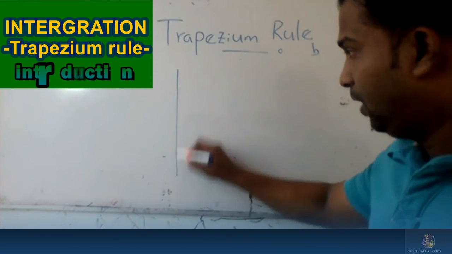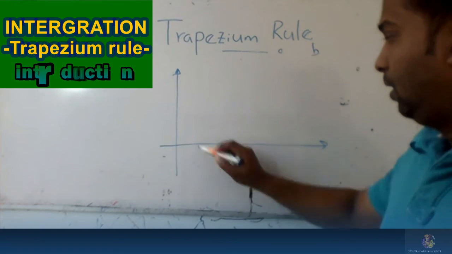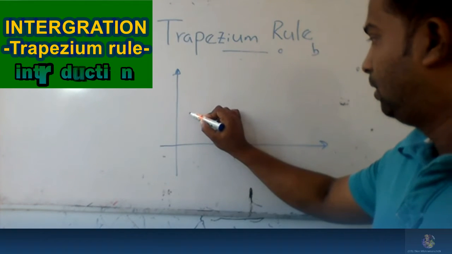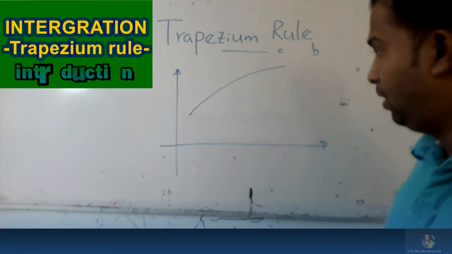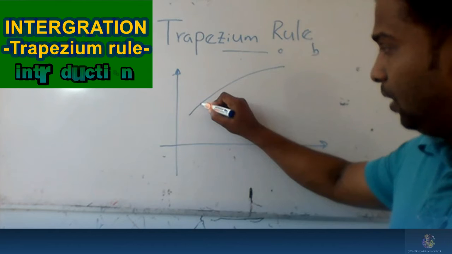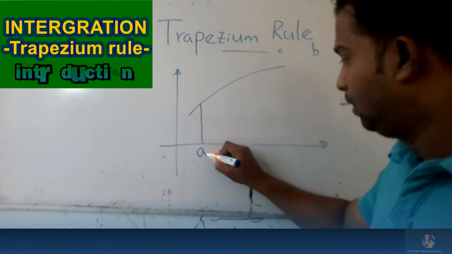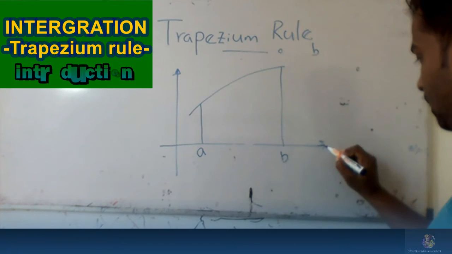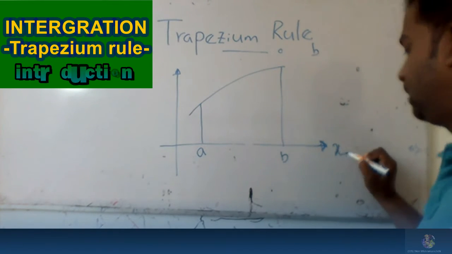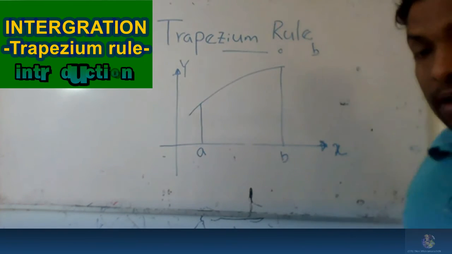Suppose we have a graph like this, for a given period of x values, a and b are the limits. x, this is y, right?